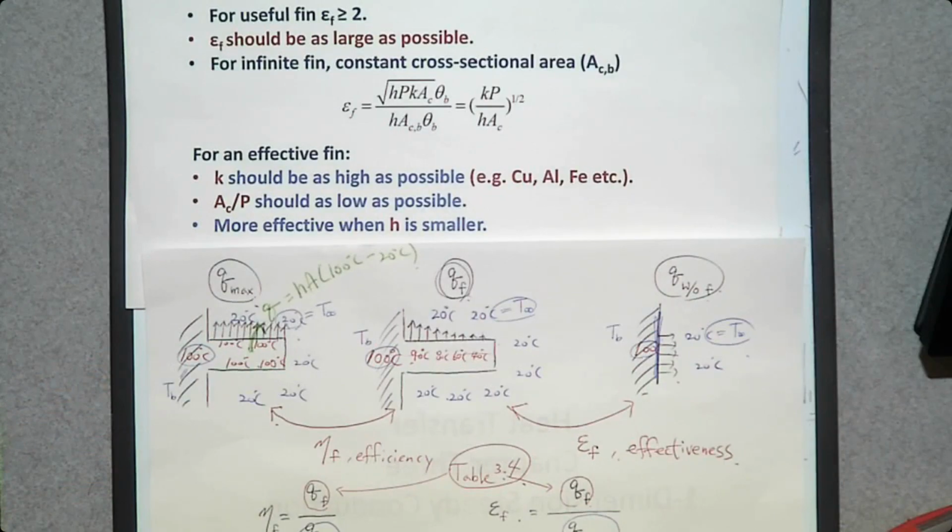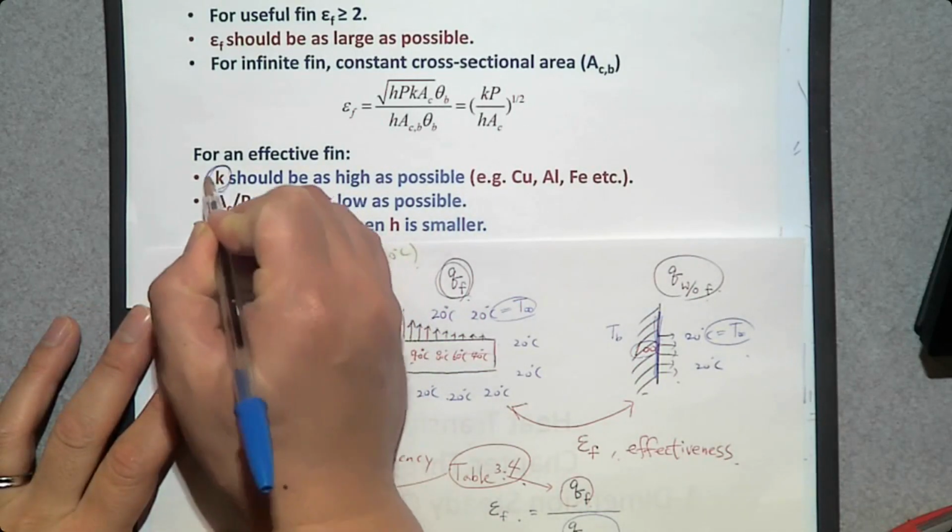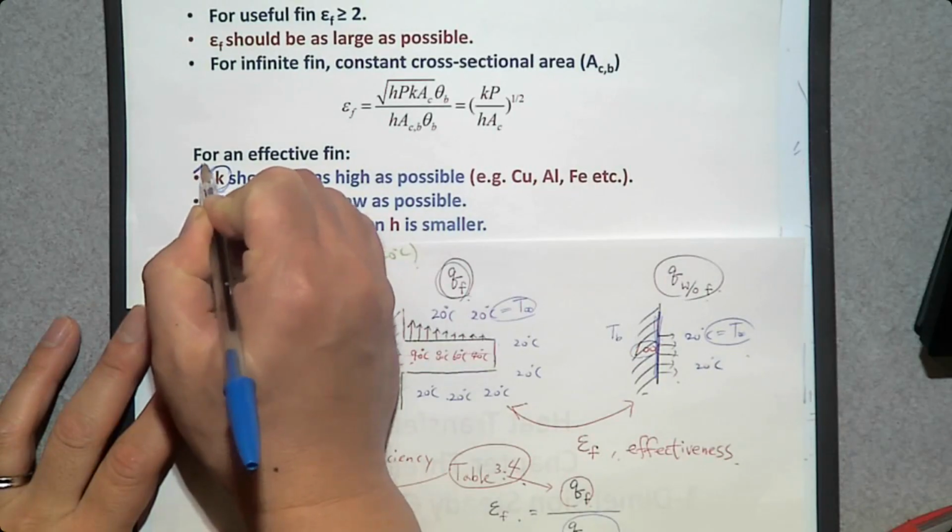So instead of 100, 90, 80, 60, 40, if you use a highly conductive material to build this fin, the temperature decay is going to be maybe 100, 95, 90, 85, 80, etc. So you can minimize the temperature decay, which will make the fin close to the ideal case. So one way to make an efficient fin is to use a highly conductive material.